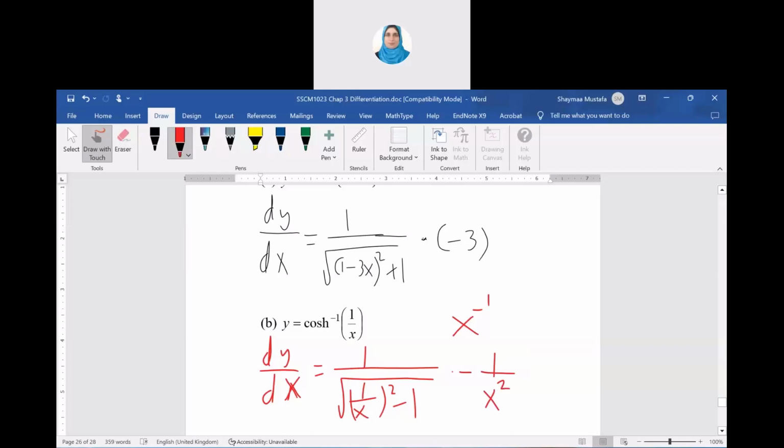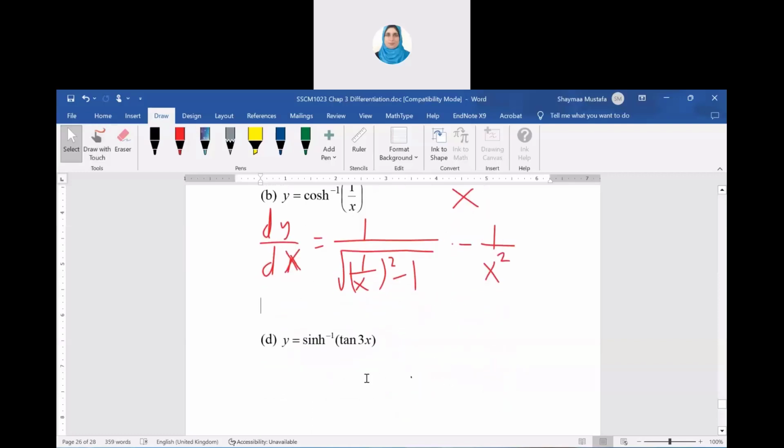So those who answered minus 1 over x squared are correct. You write the function, but you need to find its derivative as a power function. Don't confuse it with ln x, because the derivative of ln x is 1 over x, but the derivative of 1 over x as a function is minus 1 over x squared.